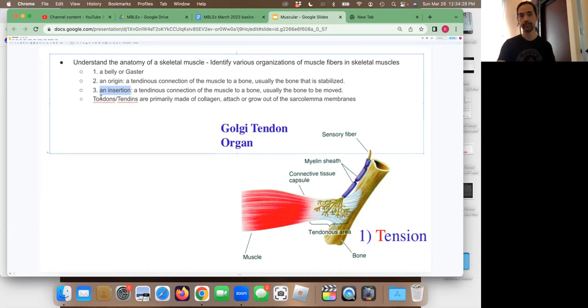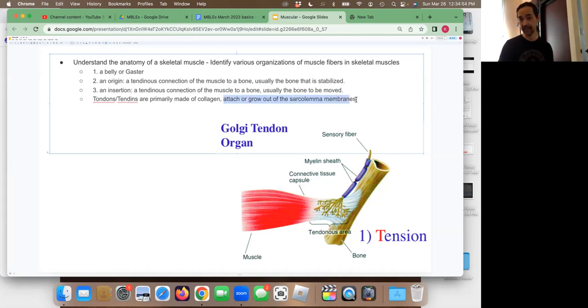That's the insertion. Tendons can be spelled with an O-N-S or with an I-N-S. They're the same. And I just want you to know what they're made of, which is primarily collagen. Collagen is therefore important in the repair process of injuries and the maintenance of the body.